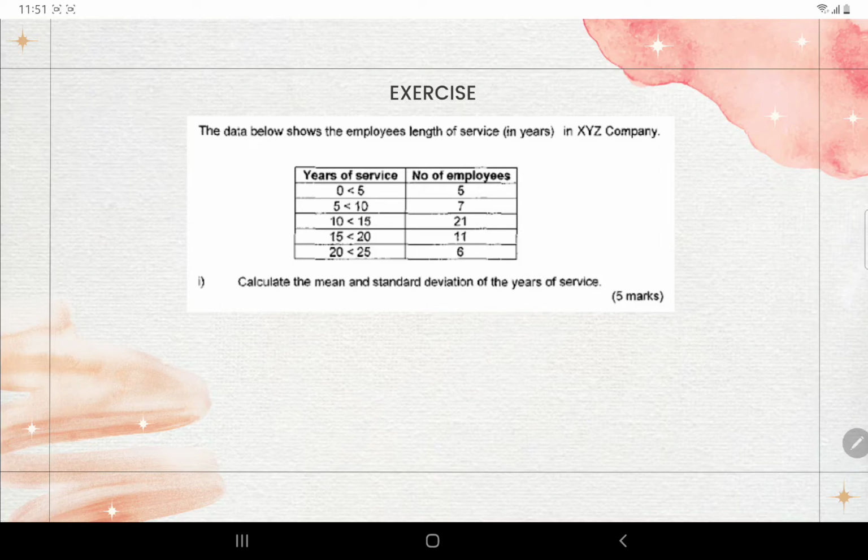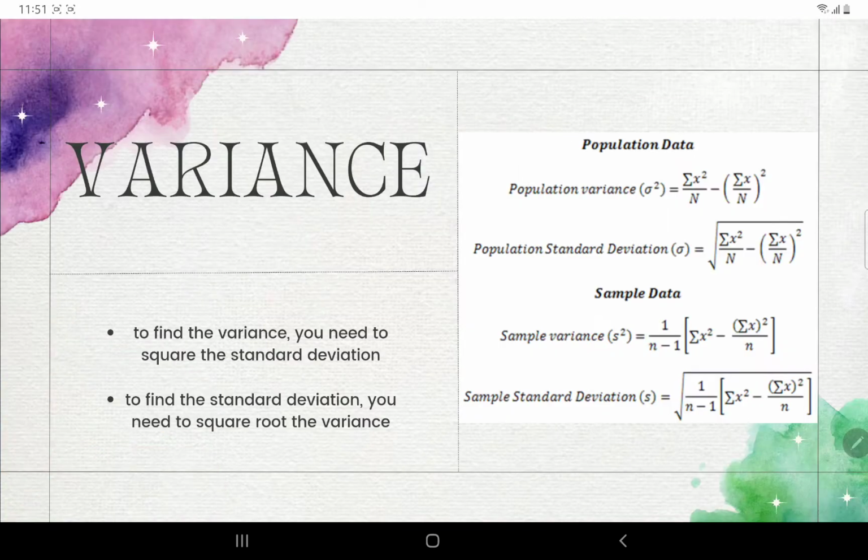Next slide is about the variance. To find the variance, you need to square the standard deviation. And if you want to find the standard deviation, you just need to square root the variance.